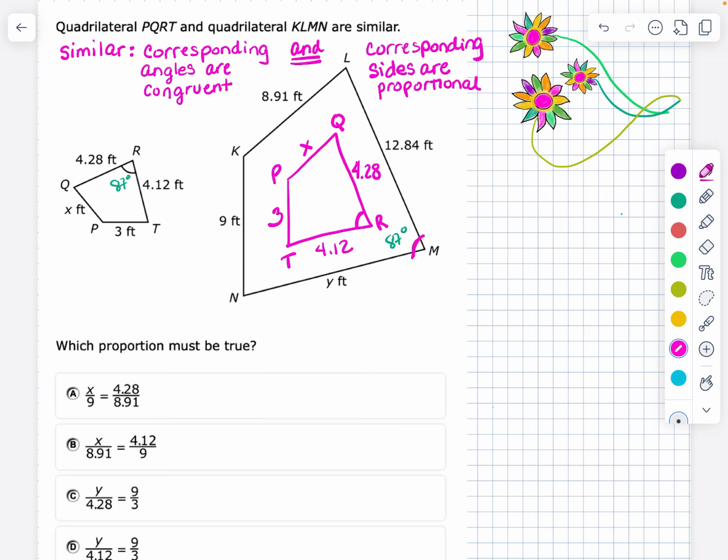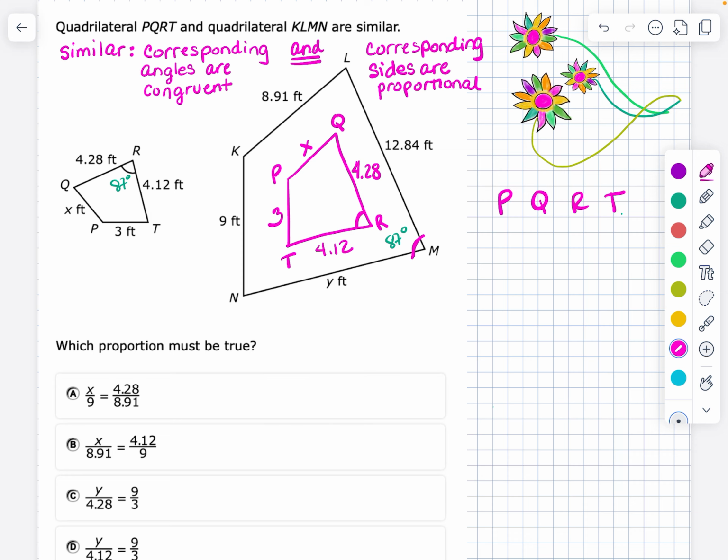All right, you could also set this up a little bit different way. You could maybe make a chart, and you can see in the original equation PQRT corresponds to KLMN. So P corresponds to K, Q to L, etc. Okay, so you could set up a chart over here. I'll just quickly do that just so you can see it.